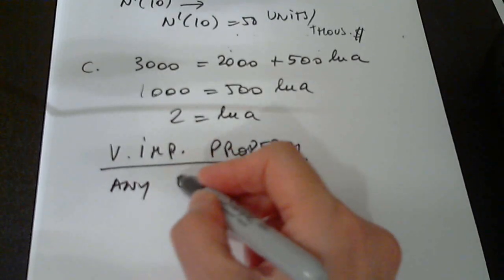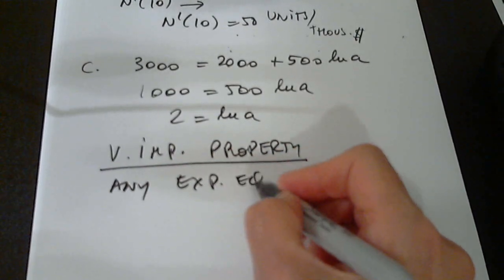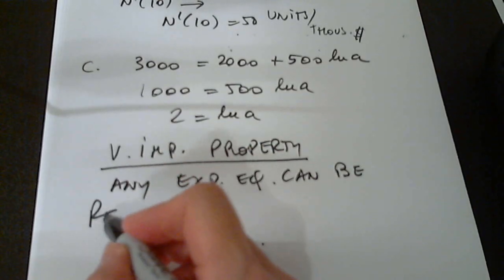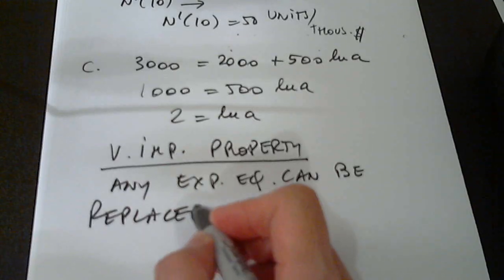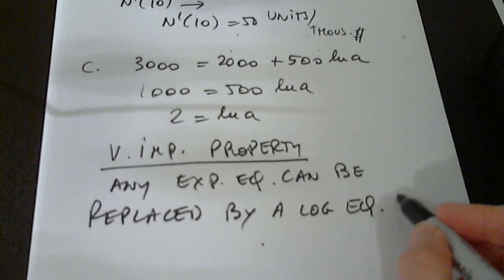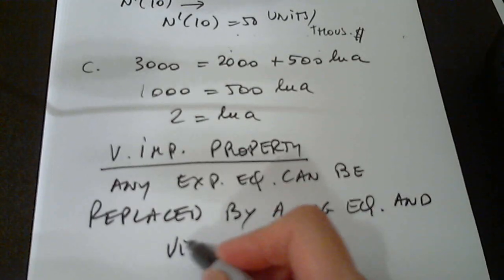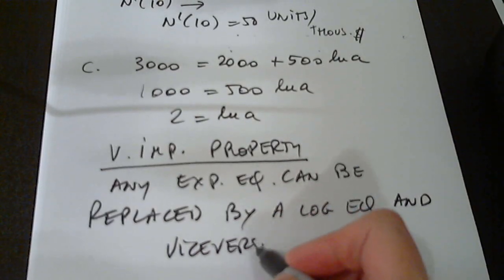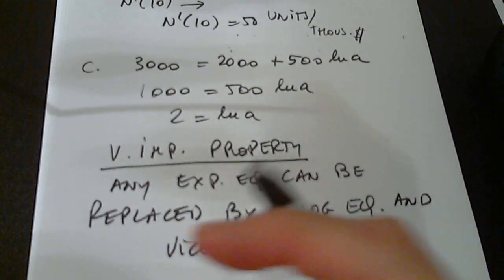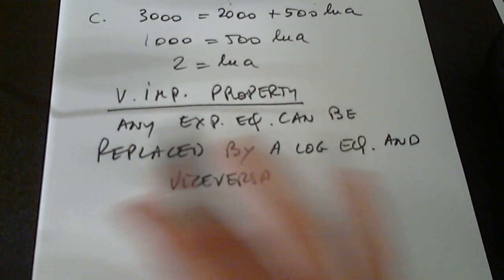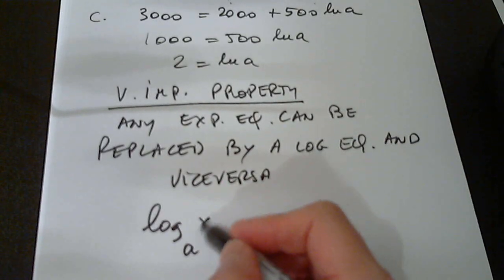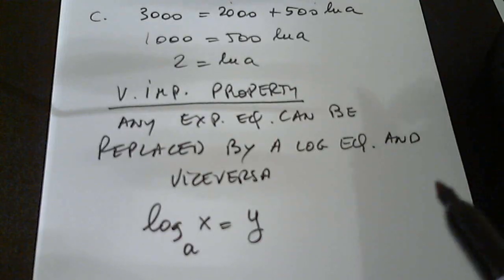Any exponential equation can be replaced by a log equation and vice versa. Any log equation can be replaced by an exponential. So how is this mathematically possible? Log base a of x is a number y.